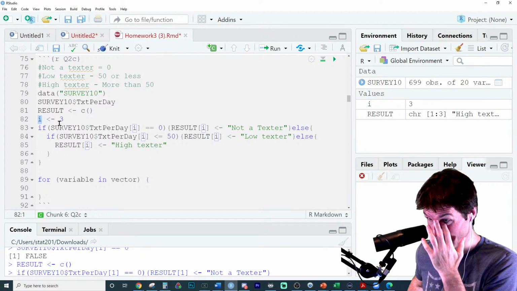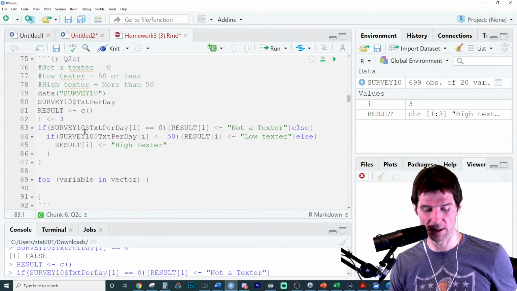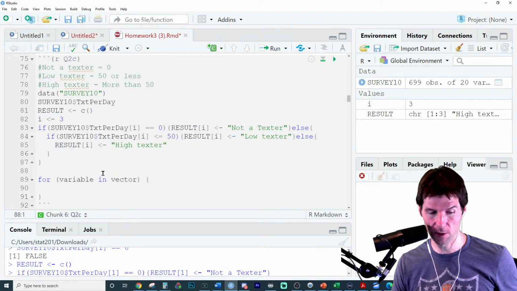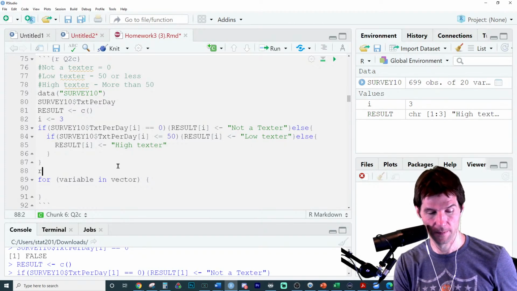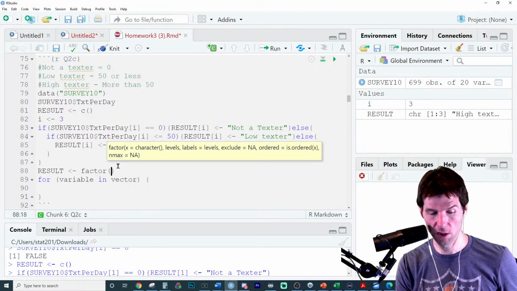But if you have the skeleton, it's doing it. And then if you need to turn it into a categorical, like for some reason I didn't look, but if this says turn it into a factor, you could just go at the end of it, take your result afterwards. Yeah, take your result afterwards. If a grader takes off for this, they shouldn't. Just do it afterwards.